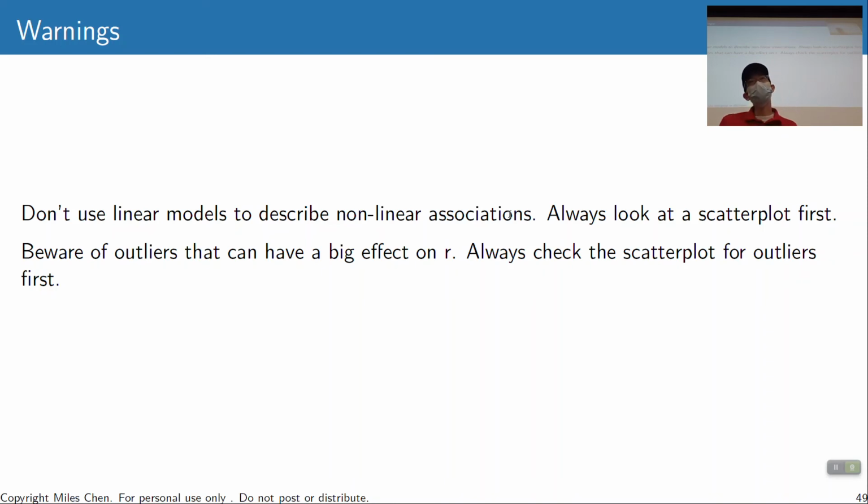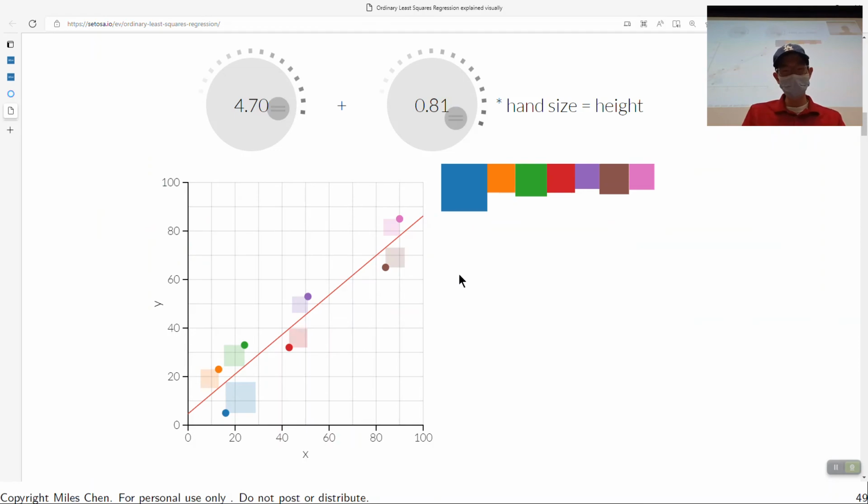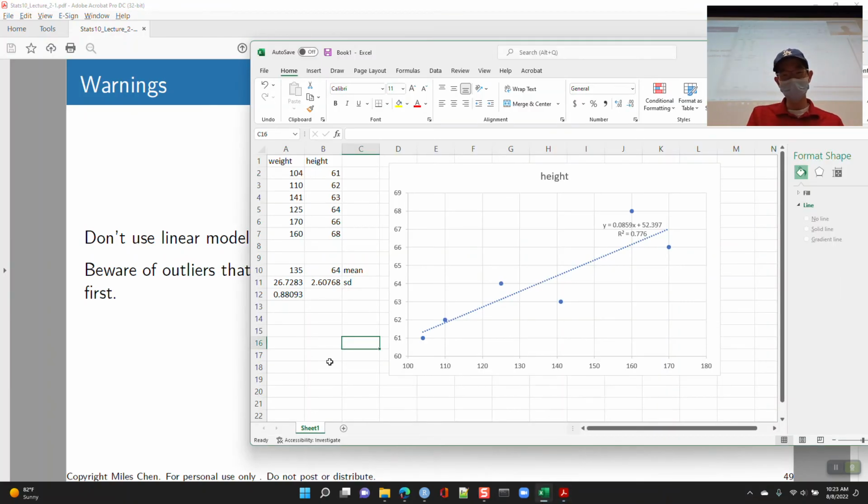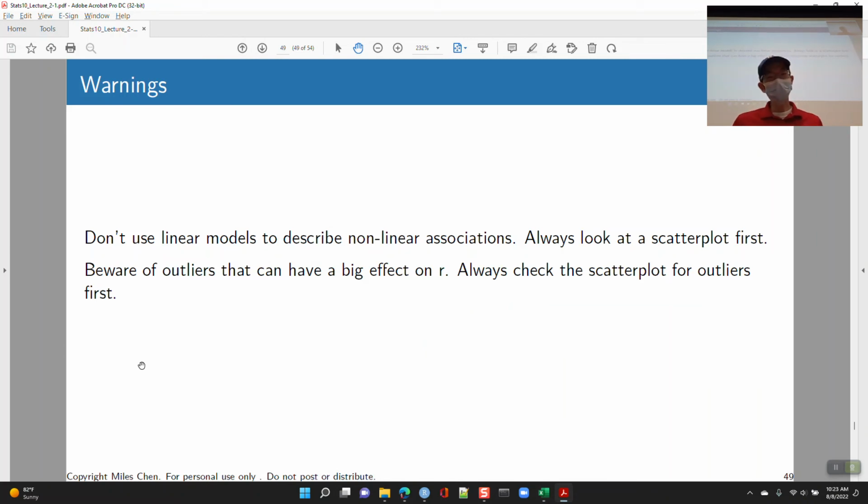It's one of the most powerful and useful tools that we have. But because it's so easy to create models in, say, Excel or wherever, there's lots of tools that employ linear regression. It's also frequently misused.